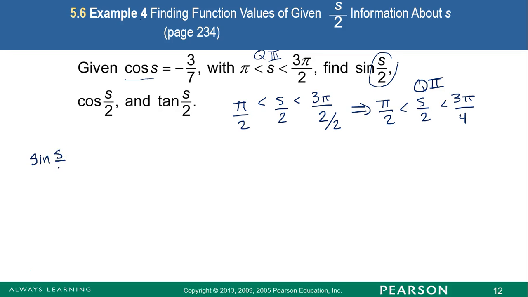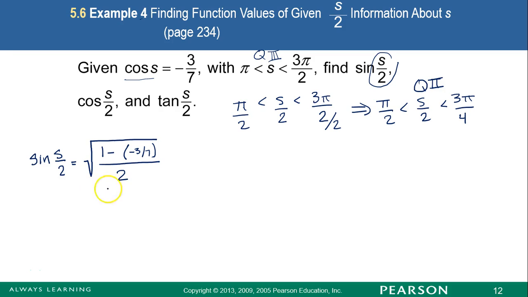So sine of s over 2 is equal to plus or minus, but we already know that we're in quadrant 2, so sine is positive in quadrant 2. So I'm just going to keep it positive here and say square root of 1 minus cosine of s, which is given as negative 3 over 7, over 2.